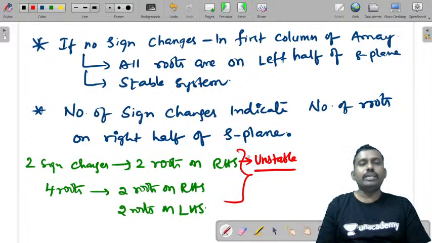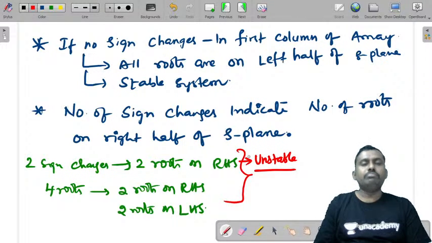So the number of sign changes is very important in the Routh array. Let me tell you once again. The first two rows of the Routh array are filled with the coefficients of the given characteristic equation. If the characteristic equation is not given and an open loop transfer function is given, find the closed loop characteristic equation using 1 plus G(s)H(s). Write the highest power first and fill the first two rows with the coefficients of the even and odd terms, and find the rest of the elements using (bc minus ad) by c.